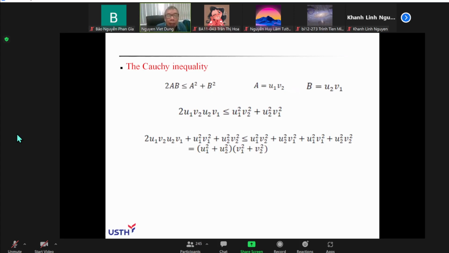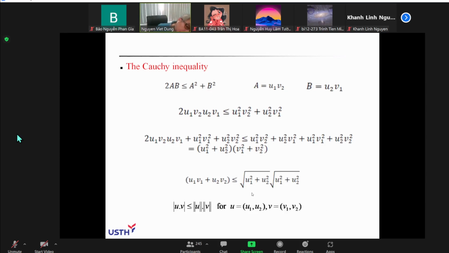Then because of that, the inequality becomes U1 V1 plus U2 V2 less than or equal to the square root of U1 square plus U2 square, multiplied by the square root of V1 square plus V2 square.